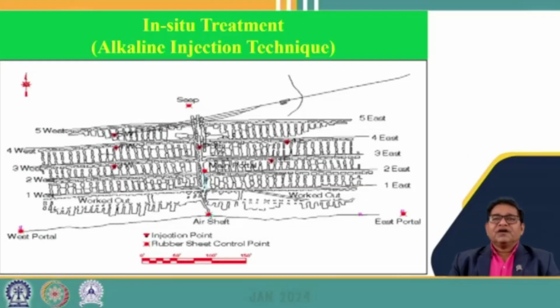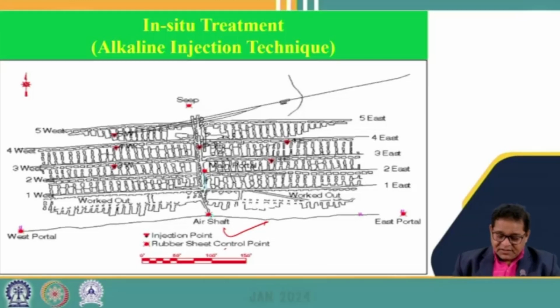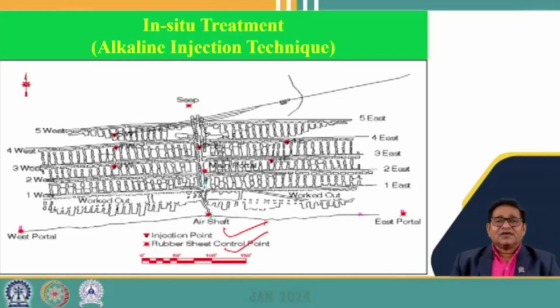So this is the diagram of the in situ treatment alkaline injection technology. It shows the injection points, and these are the rubber sheet control points through which the discharge of the alkaline slurry through the injection points can be controlled.